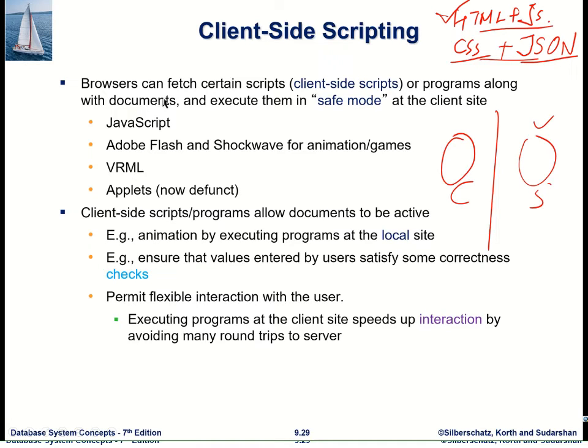Or other programs along with the documents, I mean just the web document, and then we can run those short programs in the safe mode. Safe mode means the user does not know it is running on the client side, so the user also cannot interfere with this one. Of course, usually we want to put them into separate files.